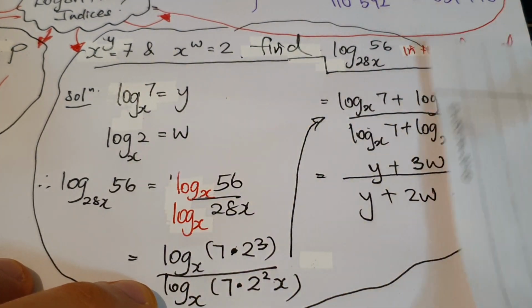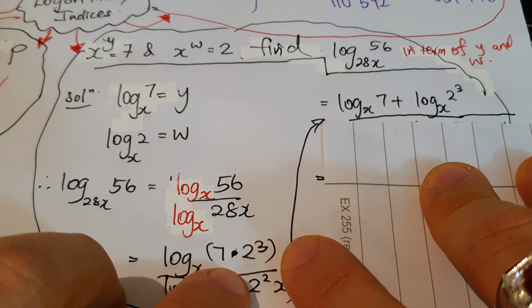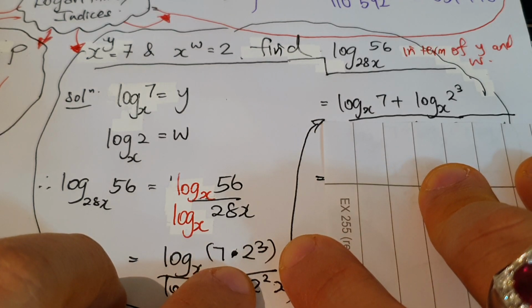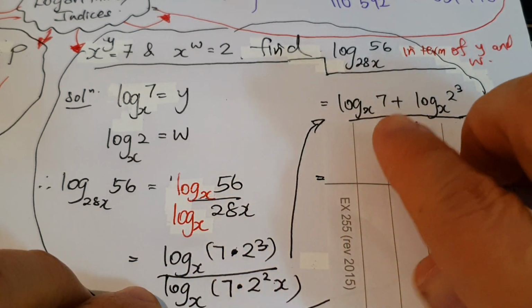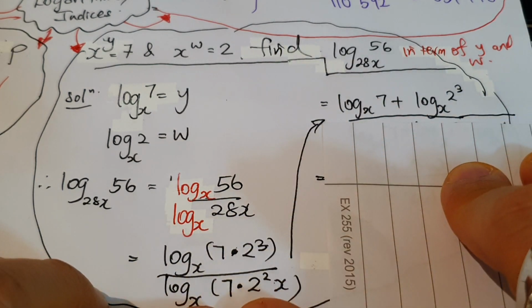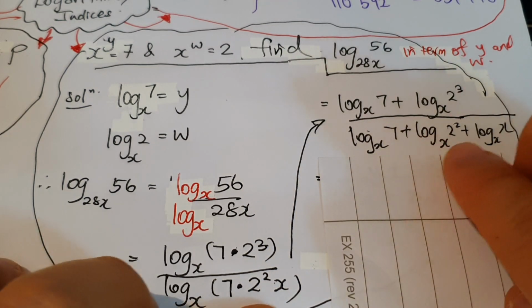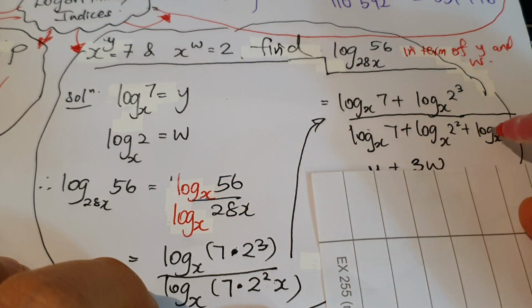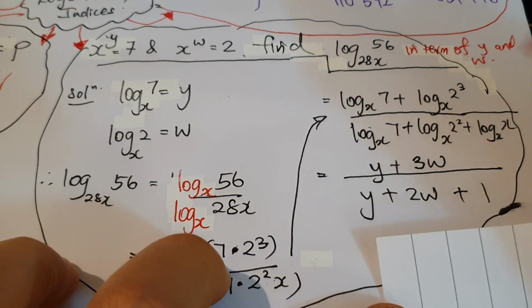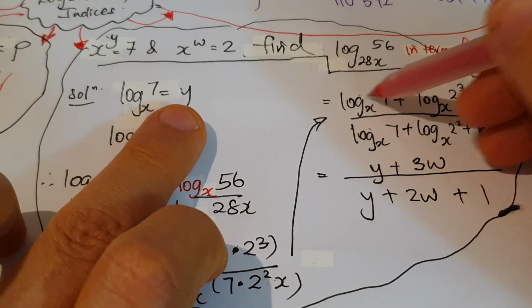Now, the next step is to apply the first law of logarithms. When I have multiplication here, I want to split it up, and it will become plus. Multiplication becomes plus. Then I'm happy already because now I have this, which is y.